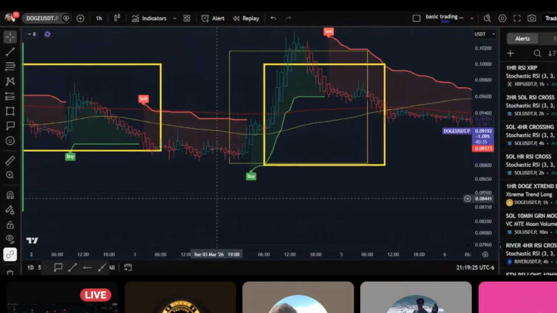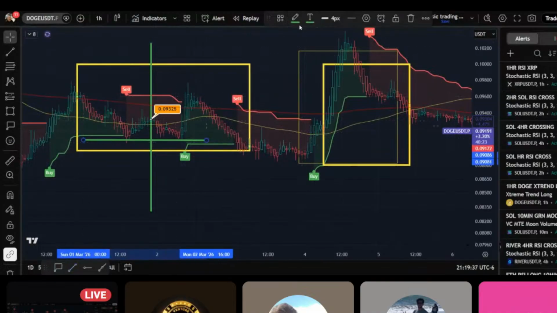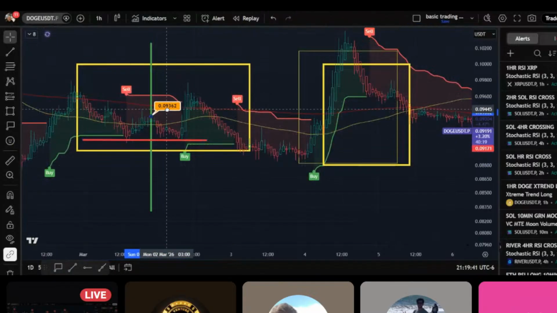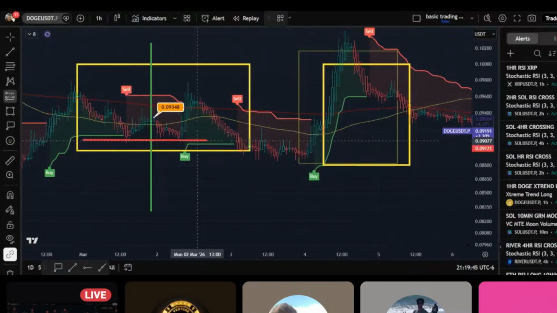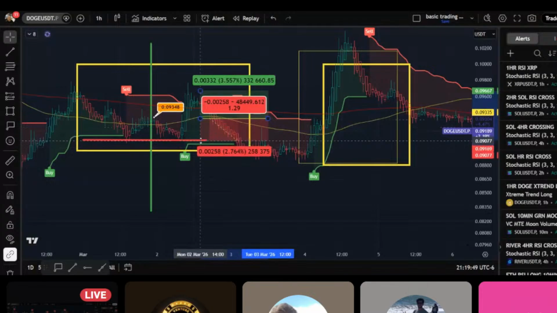Let's see here. And then it has its pullback to here. So now we can measure this out. If we did take this buy over here, we'd be somewhere about 93.42. The pullback on that is 2 points.